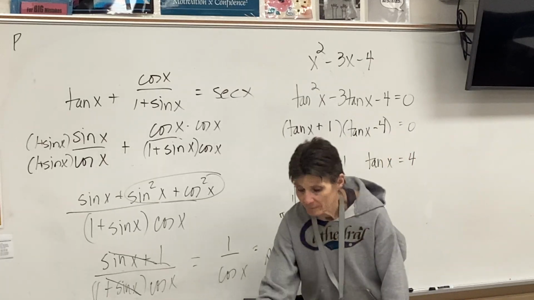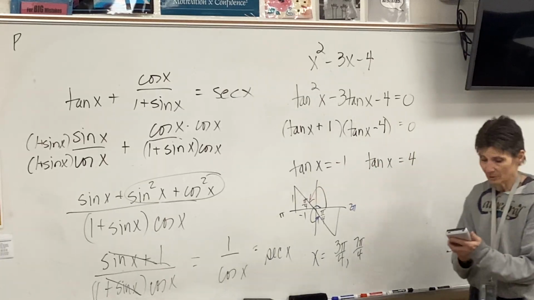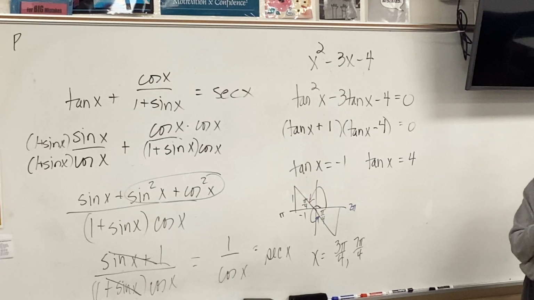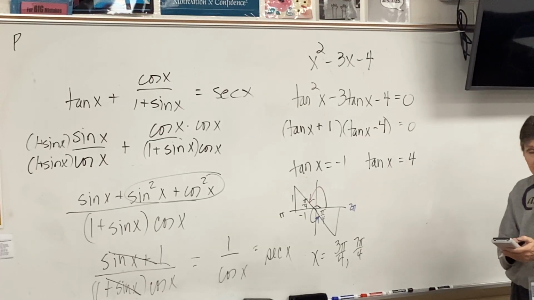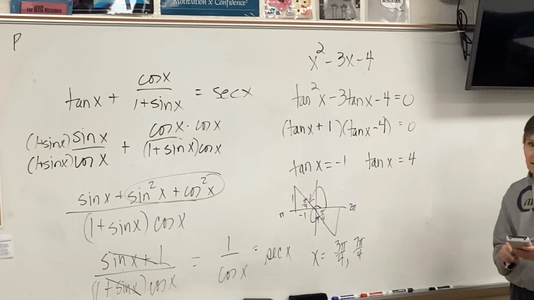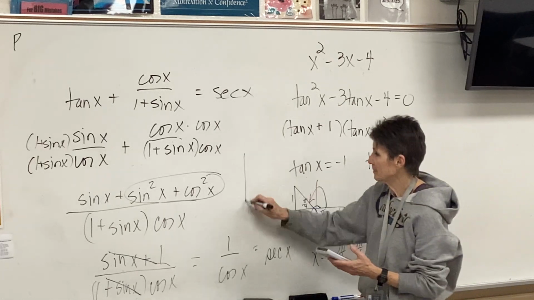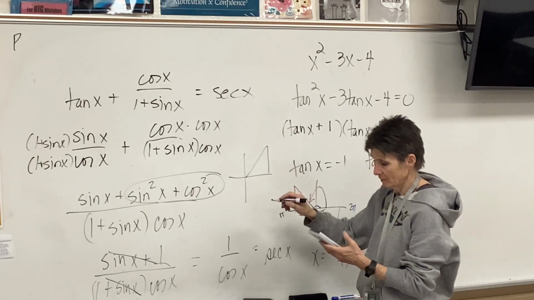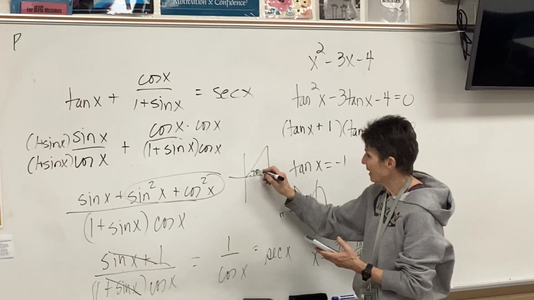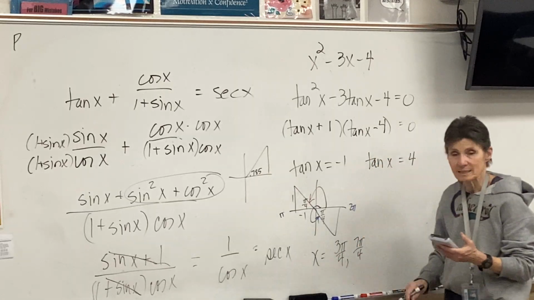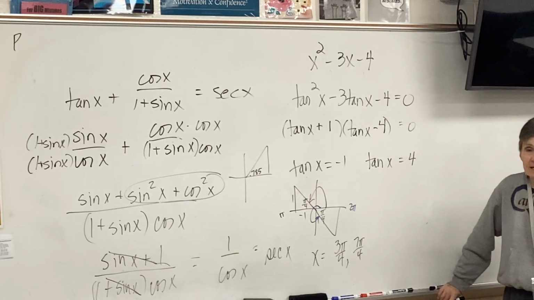Okay? Now when I'm typing this in on my calculator, I'm going to type in second tangent 1. I'm not going to put the negative in. I'm going to type second tangent 1. And that angle is 0.785. In radians, 0.785. Second tangent 1.